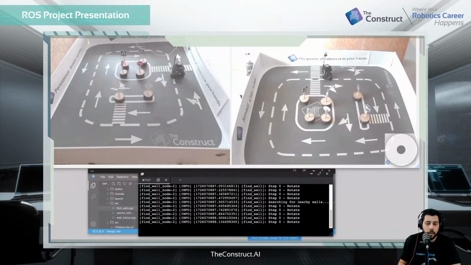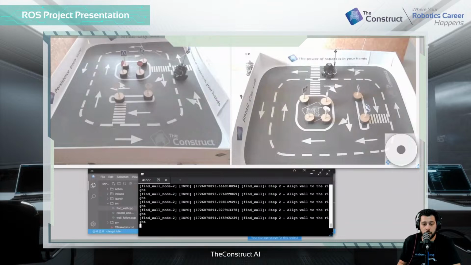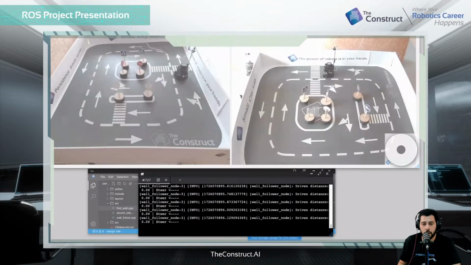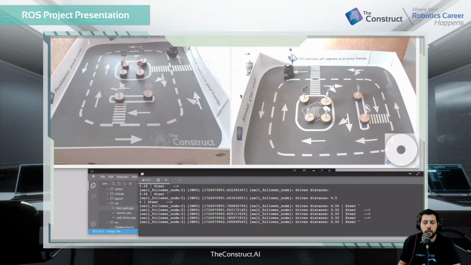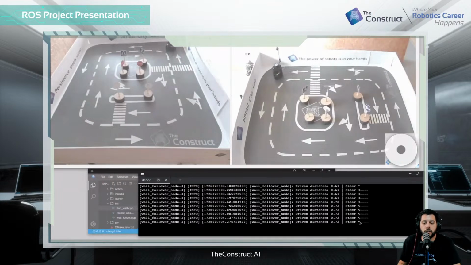First the robot will find the wall, it will rotate, and when it comes close to the wall it will align the wall to the right, and then it will start following the wall. Right here you can see the driven distance and what the robot is doing. Right now it's steering left, now it's going forward, steering left, and the distance increases.